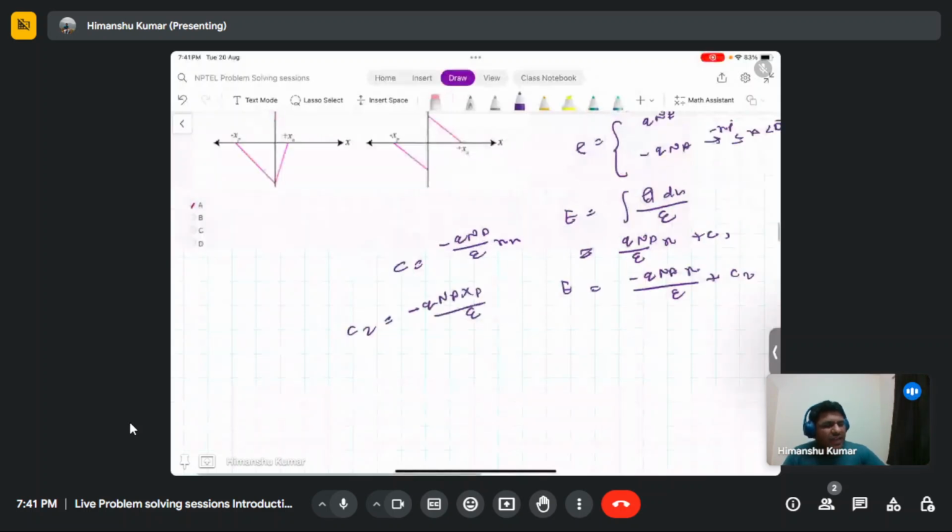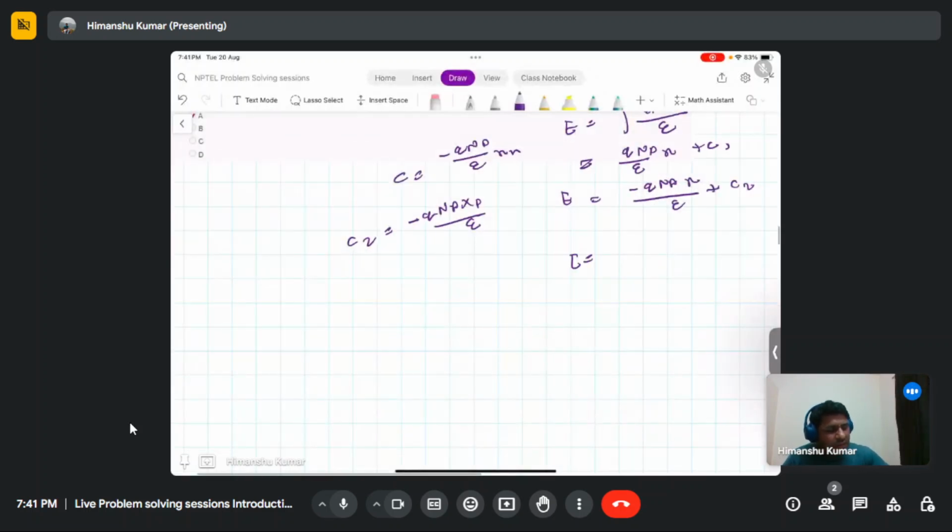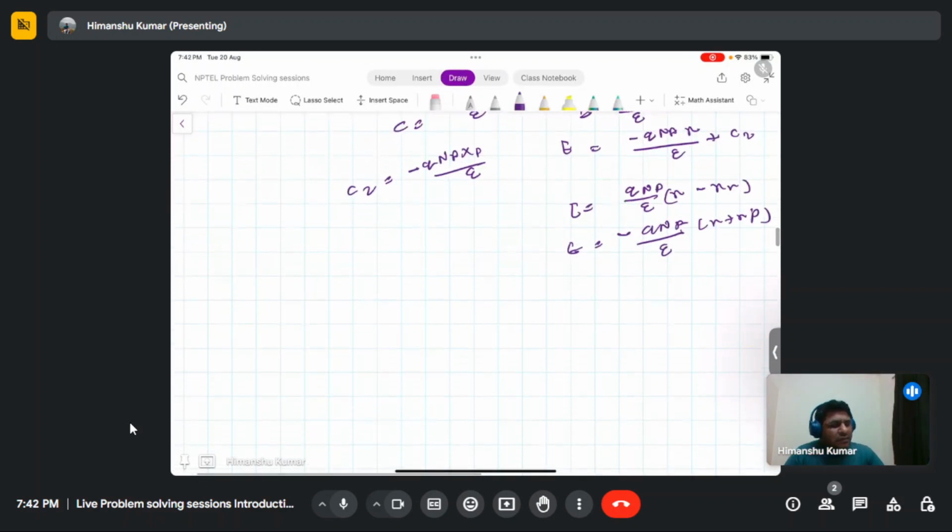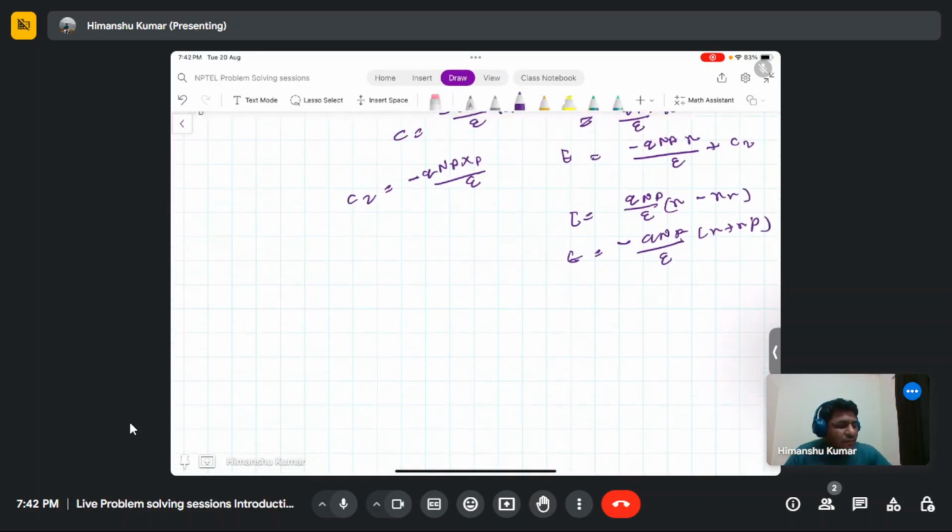So your field profile will become qND by epsilon times (x minus xn), and in the other region the electric field will be minus qNA by epsilon times (x plus xp). So this is the profile.